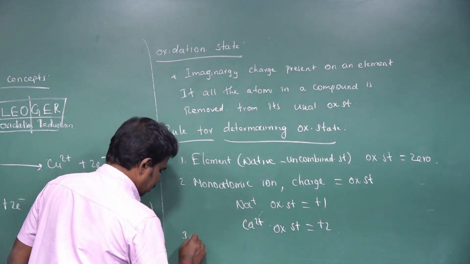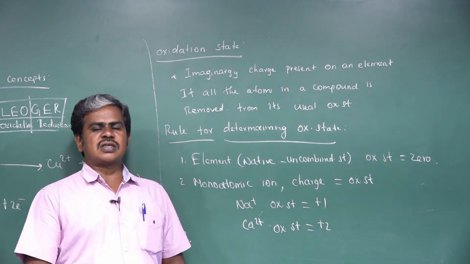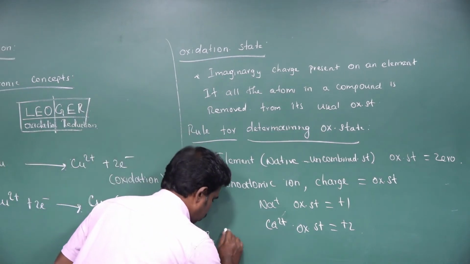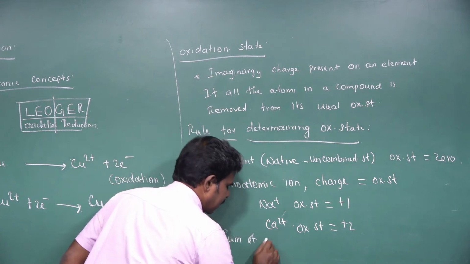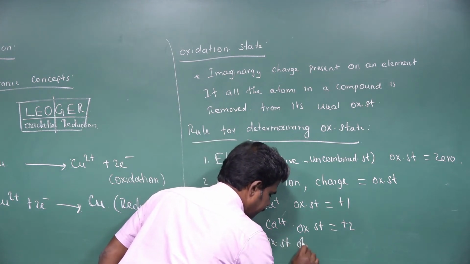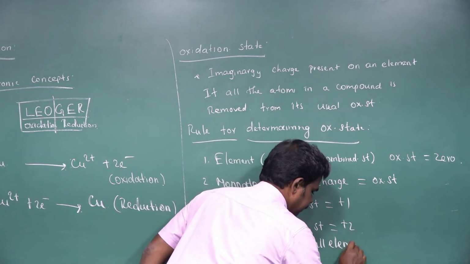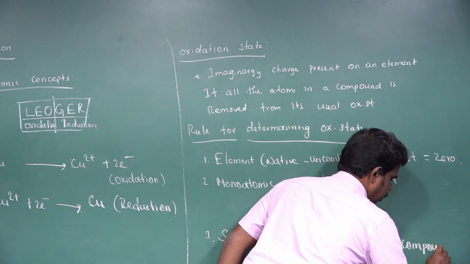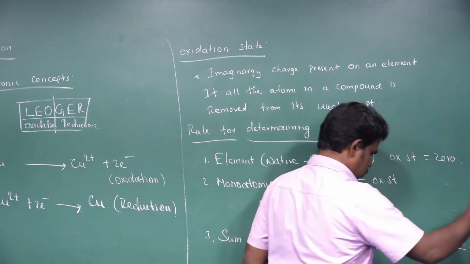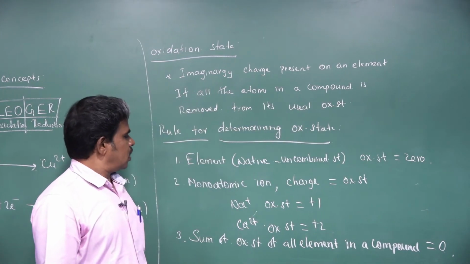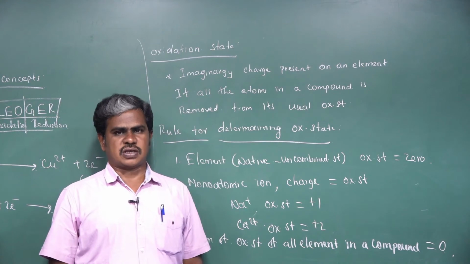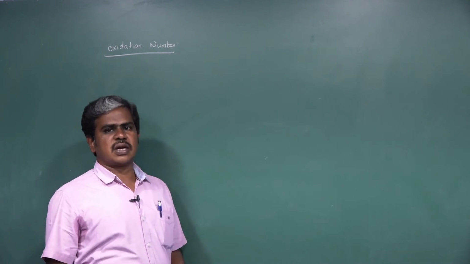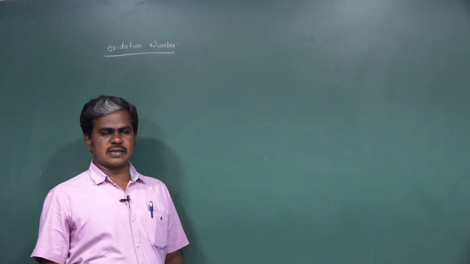Now we may take the third one. The sum of the oxidation states of all elements in a compound is taken as 0. So, to determine the oxidation number, the sum of the oxidation states of all atoms in a compound is taken as 0.